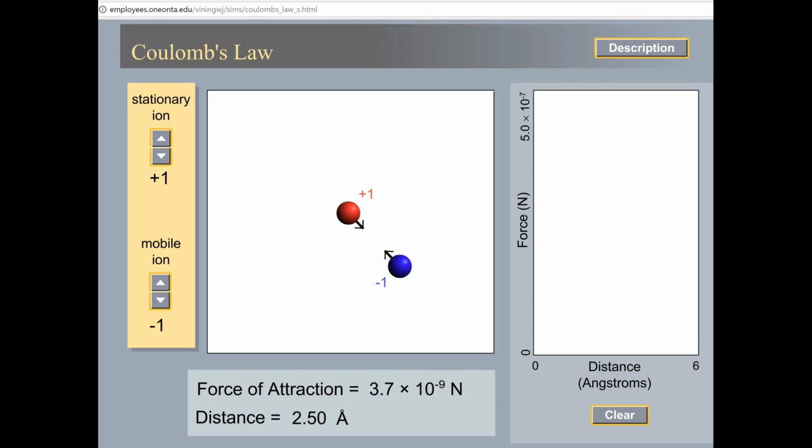I was able to get rid of the pen mark, so we're going to turn +1 into +2. And now we see that this has become 7.4 times 10 to the -9. Before it was at 3.7, and now it's become 7.4. So when we doubled the charge in the stationary ion, it looks like our force of attraction also did something.